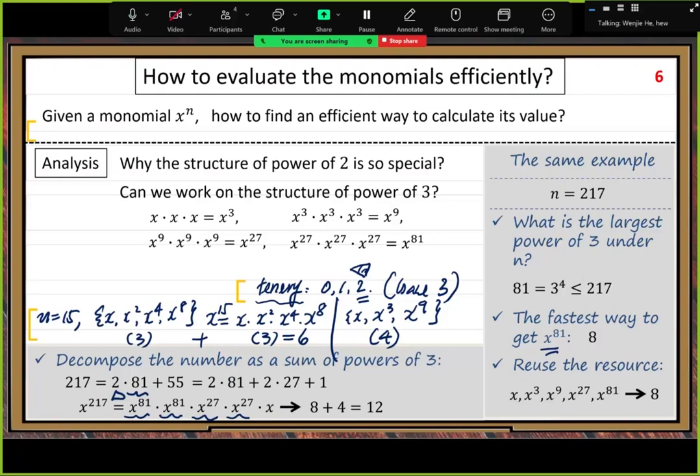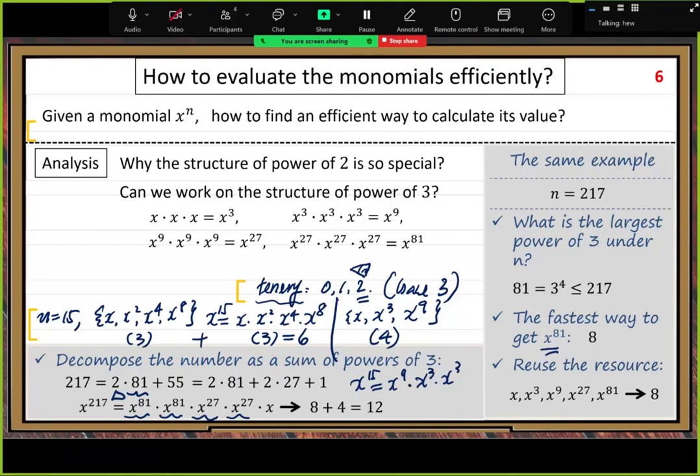But to get x to the 15th, x to the 15th equals x to the 9th times x to the 3rd times x to the 3rd. 2 more, still 6. So this way we also get 6.